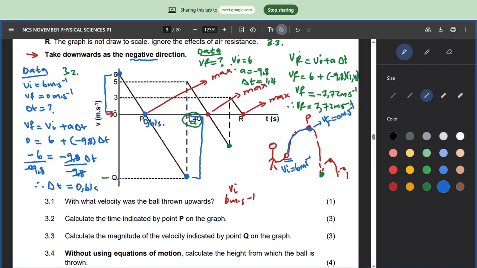Or you can find, okay, so I'm not sure if you can see these two triangles. Can you see these two triangles? This one, that triangle. Can you also see this triangle? Yes. So to find the height, you can find the area under the graph.